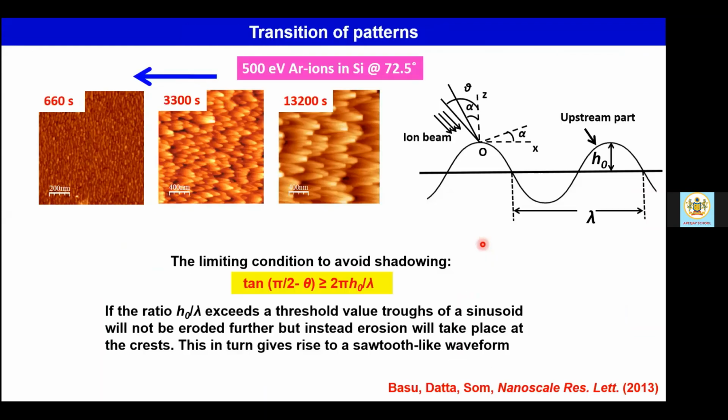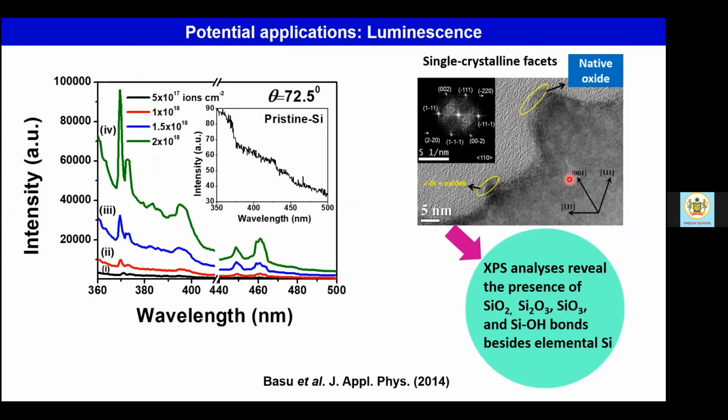Now you see these facets once created. This is a glimpse of how they look through a cross-sectional transmission electron microscopic image, and you can see that the facets are crystalline. However, at the top, in and around these facet apexes, a thin amorphous layer is seen, which could be a combination of native oxide formation as well as the amorphization that the ions lead to.